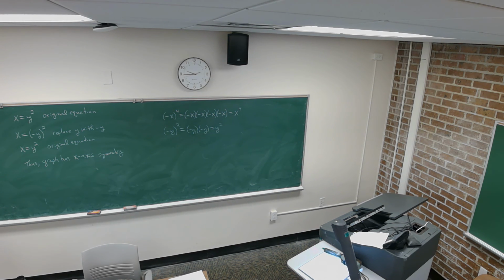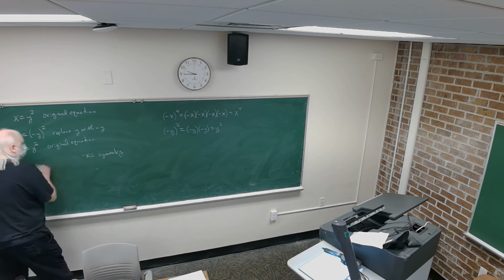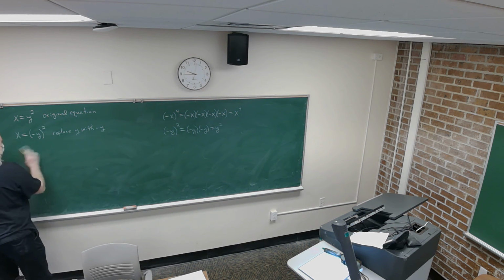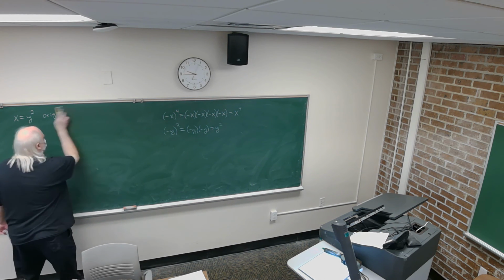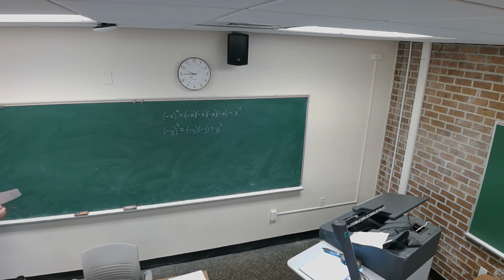So for any point on the graph of the equation, if you change the sign of both the x and y coordinates and that corresponding point is on the graph, then you have origin symmetry. Just like with y-axis symmetry and x-axis symmetry, we can test for origin symmetry given an equation.